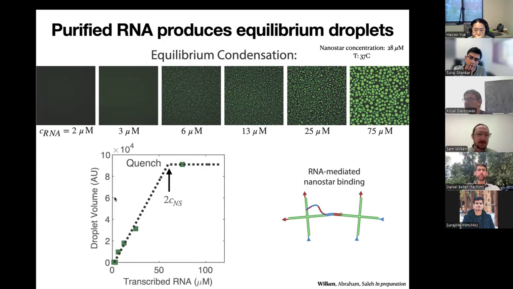And so we can quantify the total condensed volume from these images, and we find exactly the lever rule like you would expect. Except it's slightly different here because it's a two-component system where it's linear for low amounts of transcribed RNA, and once you saturate all the nanostar bonds, you get a constant afterwards.